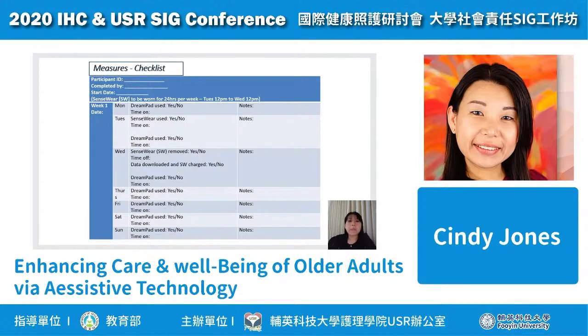Now, we also created a measure checklist, as you can see here. So because we can't physically be there at the nursing home 24/7, we had staff complete this checklist, 1 for each participant, identified by name and ID, that keeps a record of whether they used DreamPad, whether they wore SenseWear when they were required to, for how long they wore it, etc. And also to record any notes of any concern regarding the use of DreamPad or the use of SenseWear.